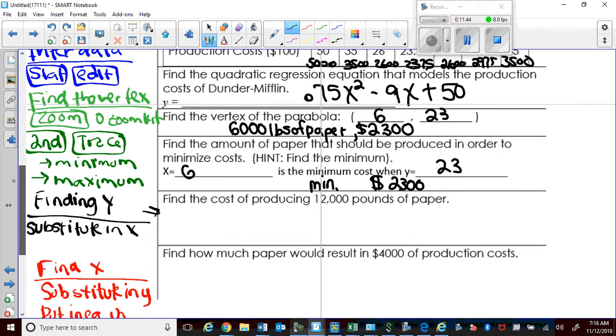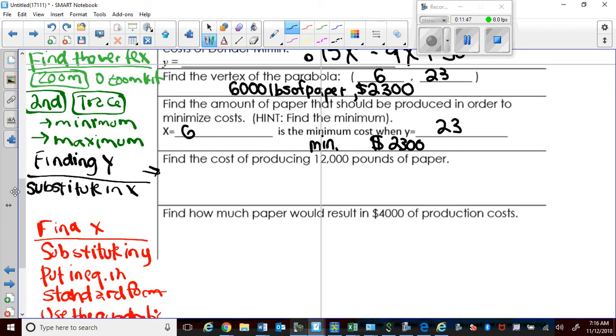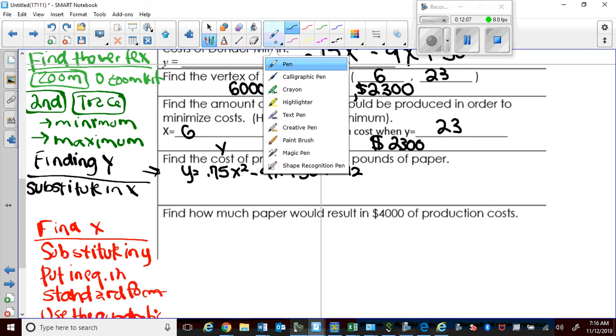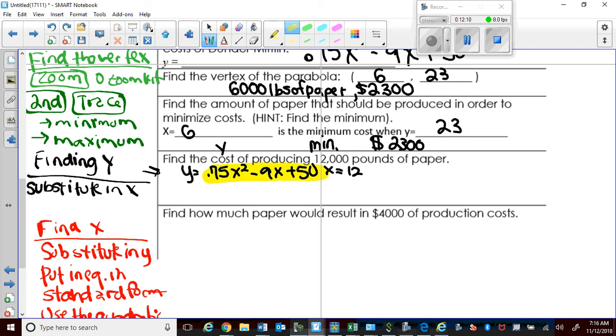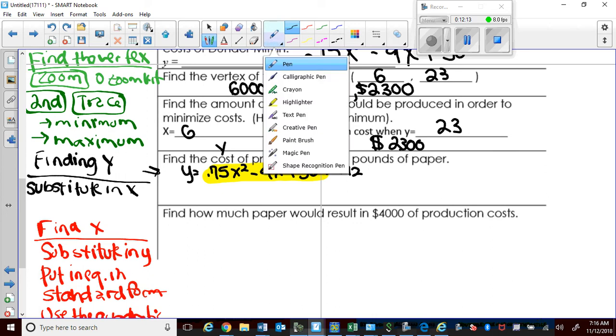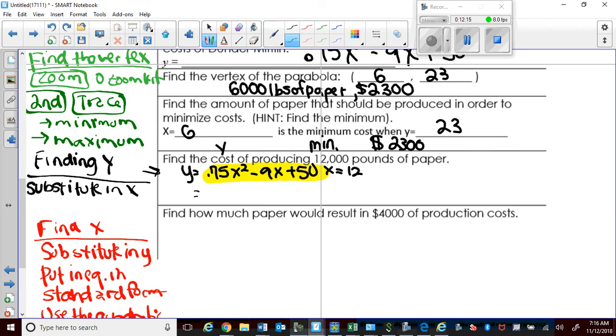Now, for the next one, we're going to be finding y, we substitute in for x. So we find the cost, y, of producing 12,000 pounds of paper. This is what x equals 12. So we use the equation we have. We have y equals 0.75x squared minus 9x plus 50. What we're going to do is substitute in the x in this equation. I have that this equals 0.75 times 12 squared minus 9 times 12 plus 50.